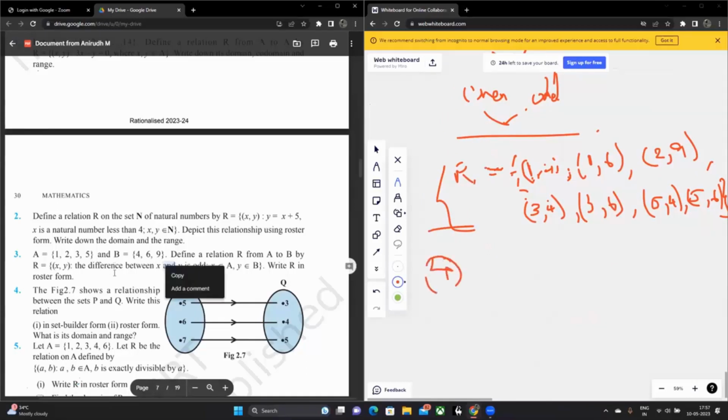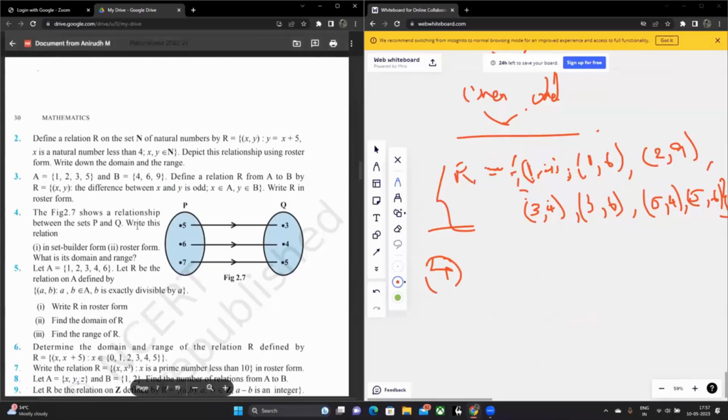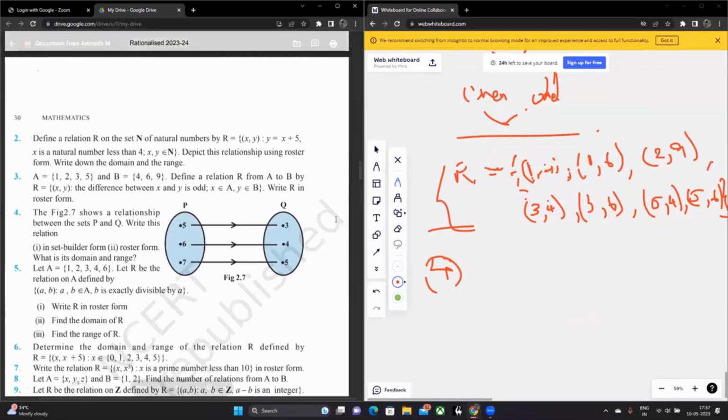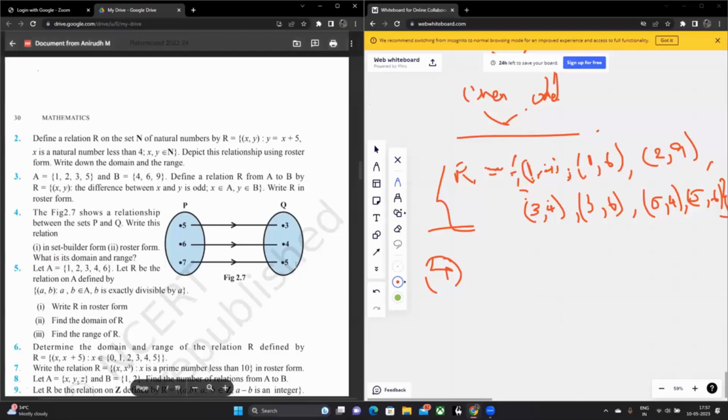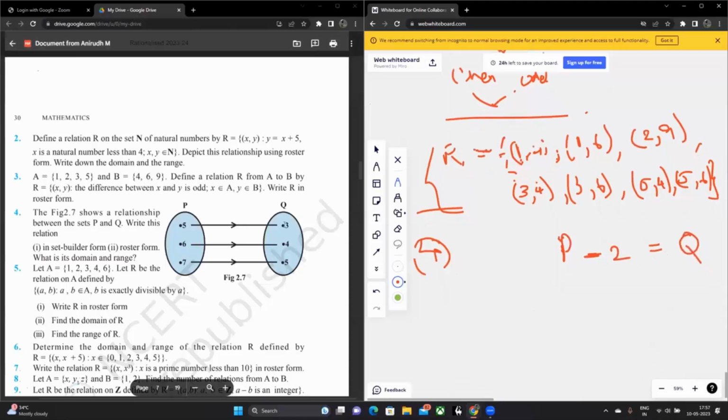Question number 4. The figure 2.7 shows a relationship between P and Q. Write it in set builder and roster form, right? The arrow diagram is basically between 5 and 3, 6 and 4, and 7 and 5. You can see that this is basically the element in P minus 2 equals the element in Q, right? Because 5 minus 2 is 3, 6 minus 2 is 4, 7 minus 2 is 5.